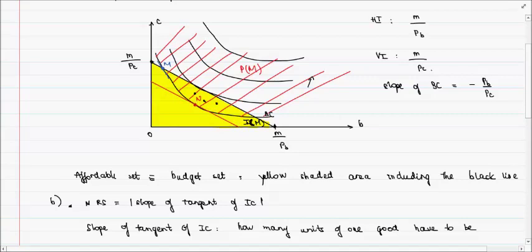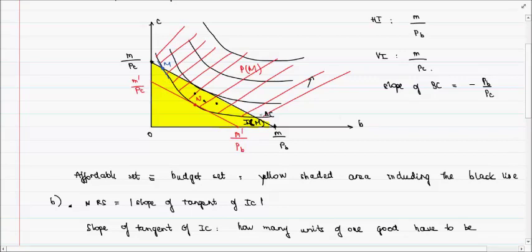Okay, so for this point N over here, this red line is going to be the budget constraint for the consumer. For this red budget constraint, the horizontal intercept is going to be equal to m dash divided by pb, and m dash divided by pc.